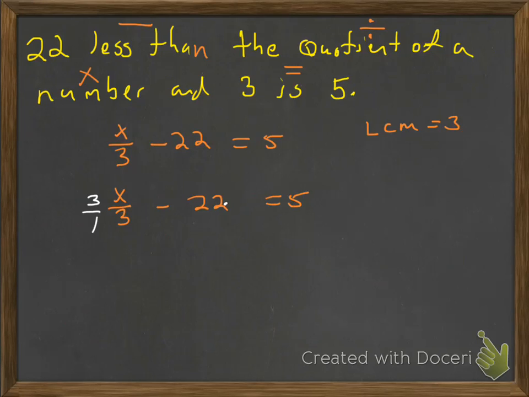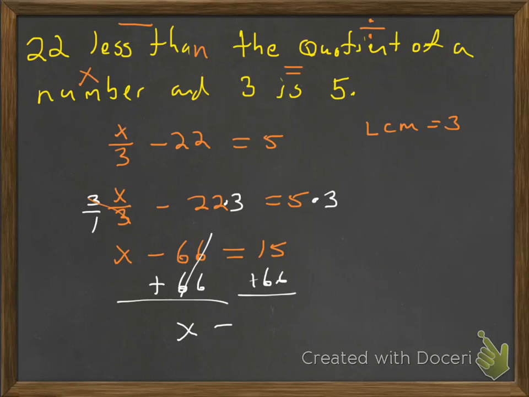So everybody gets multiplied by 3. 3's cancel out in the first term, so I have x minus 66 equals 15. And then all I have to do from here is add 66 to both sides of the equation, and x will be equal to 81. Okay. Now I can check this. 81 divided by 3 is 27. 27 minus 22 is 5. So this does fit our scenario.